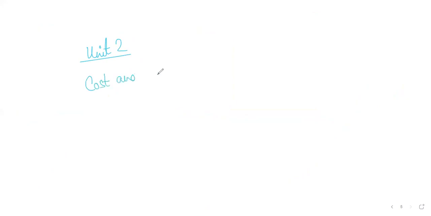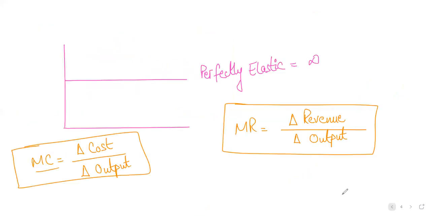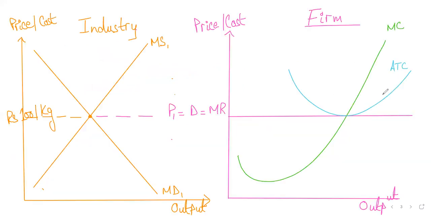We talk about what the firm cost is and what the firm revenue is, so you will get a better idea when we reach that part of the syllabus. Even when we reach unit 2, we will talk about why the shape of ATC is like this and why the shape of marginal cost is like this, and all of this is part of our syllabus. So we'll do that, don't worry.